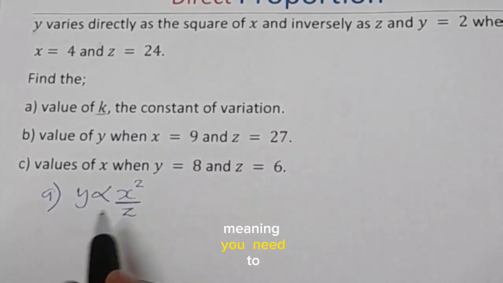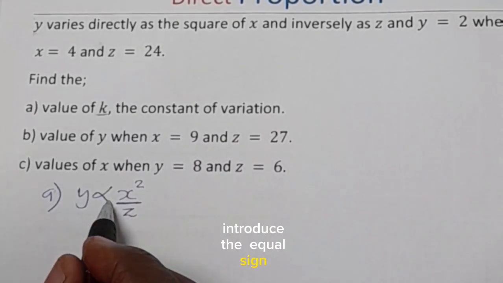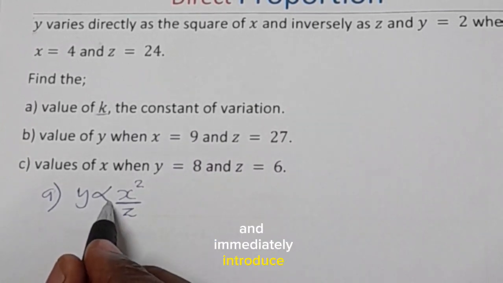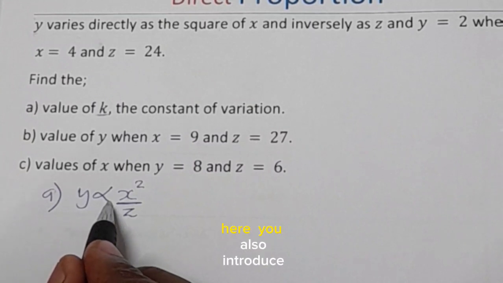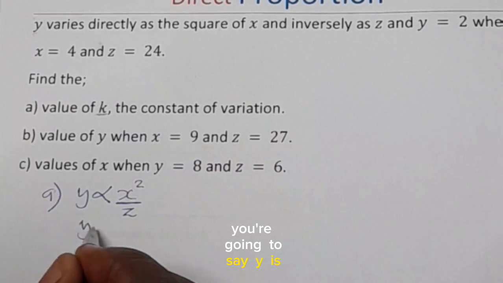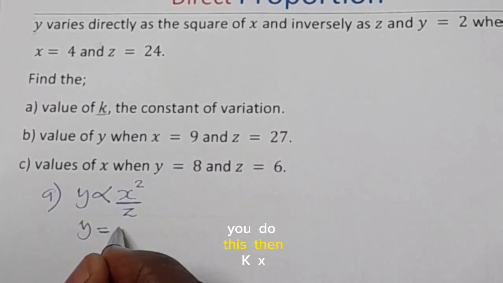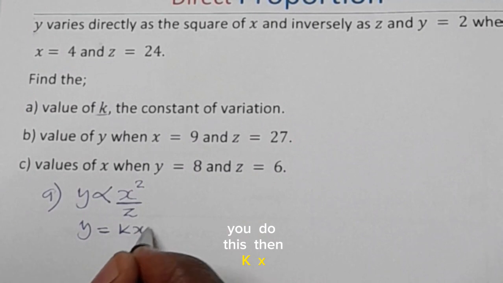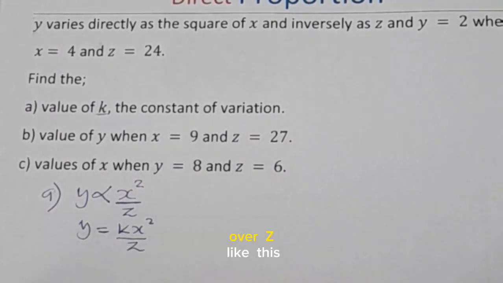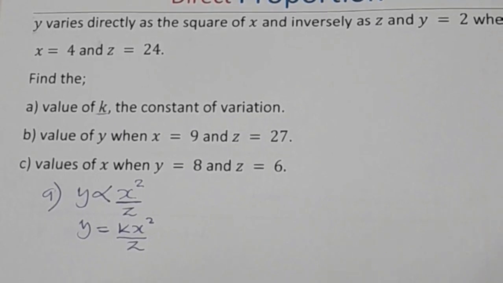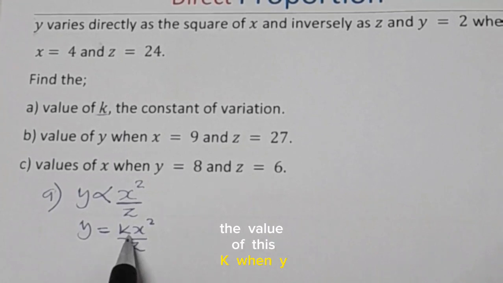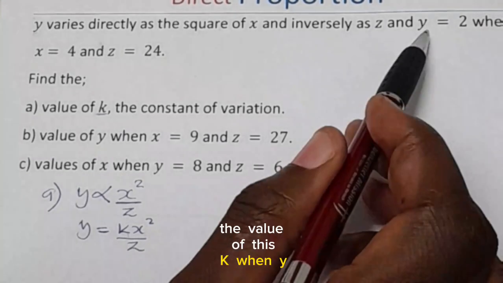So you need to replace the variation symbol with an equal sign, and immediately you introduce an equal sign, you also introduce k. So you're going to say y is equal to kx squared over z, like this.